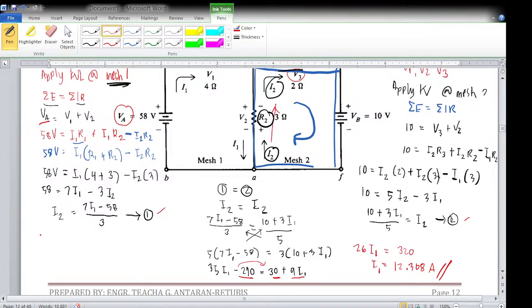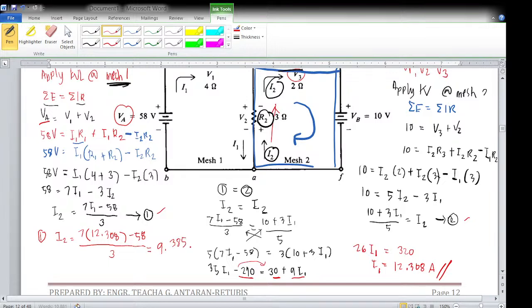So, let's say we use equation 1. So, I sub 2 is 7 times I sub 1, which is 12.308, minus 58, over 3. How much is this? 9.385.